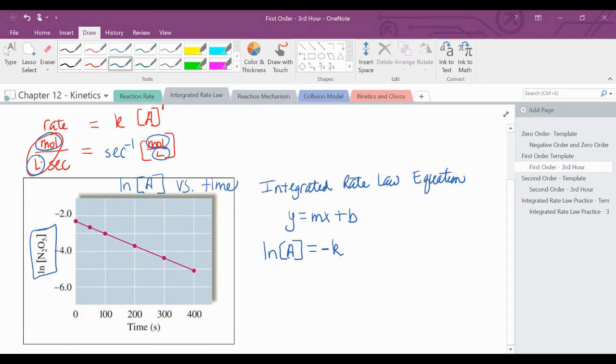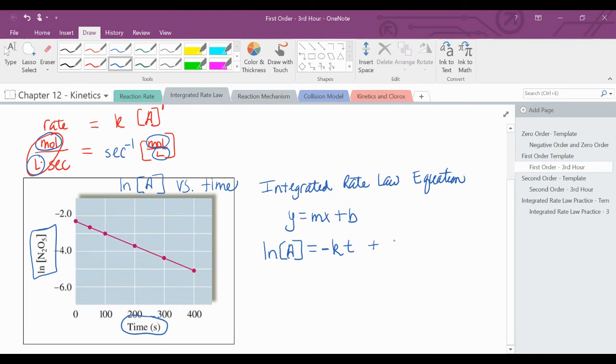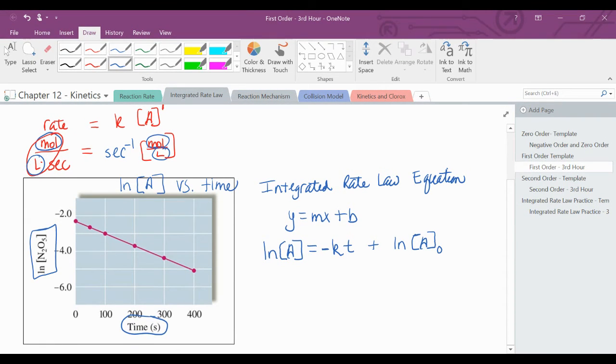And the slope here is also going to give us our rate constant. X is time. Now in this graph, time is very specific. It says seconds, but again, it could be minutes also. And the y-intercept here would be the natural log of our reactant initially.